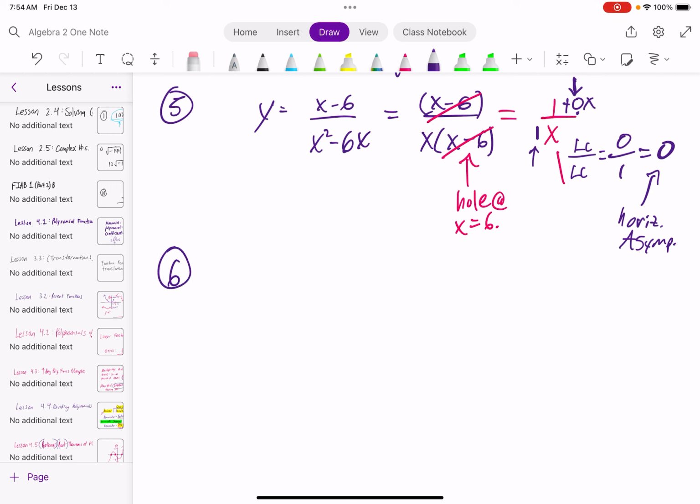Number 6. It says, which function doesn't have a horizontal asymptote? Well, horizontal asymptotes cannot occur if the top leading coefficient is bigger.